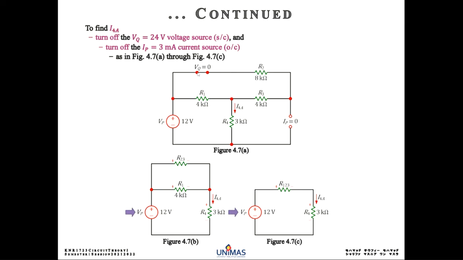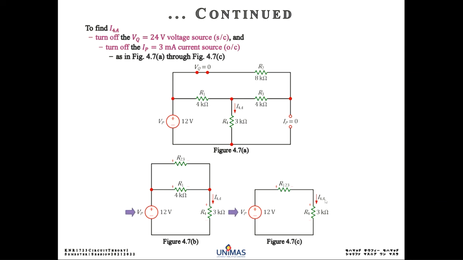So VQ is replaced by a short circuit, just a connection wire, and IP is an open circuit, so you can throw away all the wire here actually. If you do lab, you have hanging wire like this. What is it doing here? Just throw it away. So when you remove this, you want to find I4 here. So for I4A, you can see that 2, 3 is in series, which is then parallel with 1. With that, you have a circuit which is very much simpler.